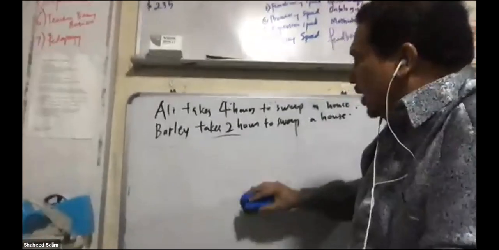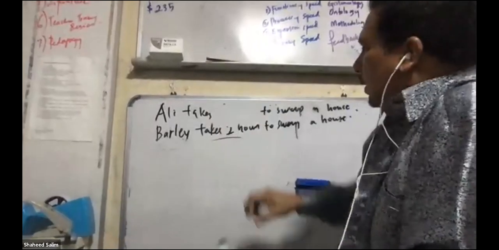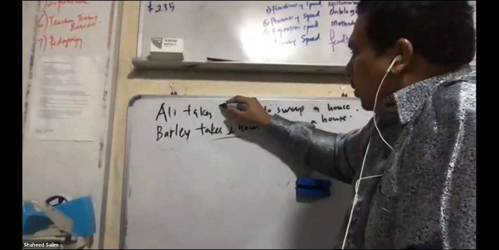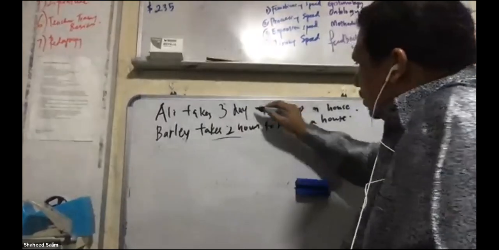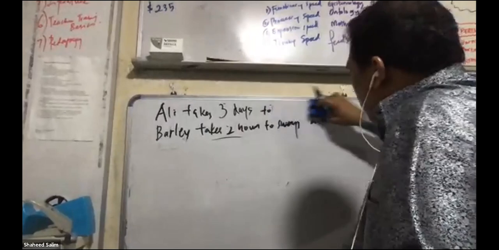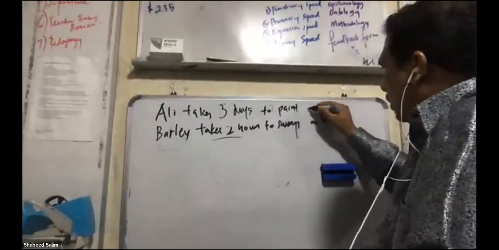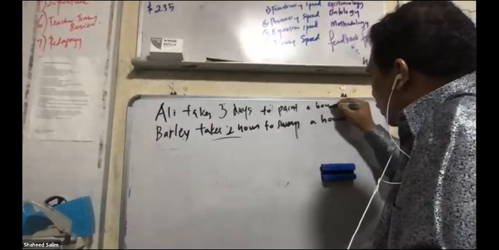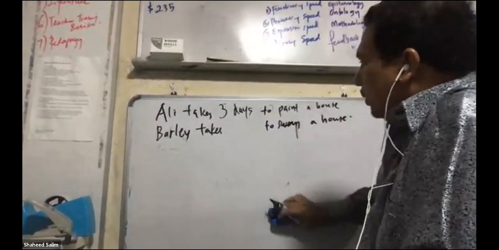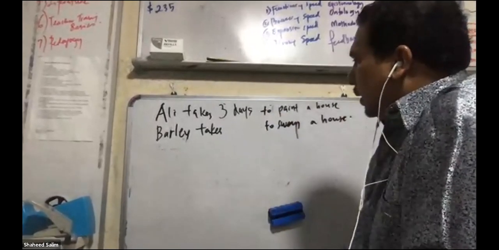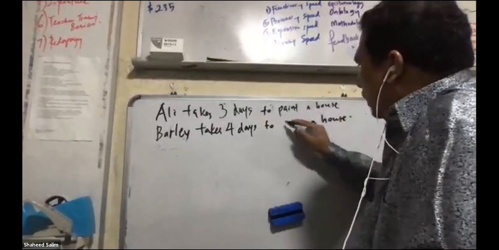Okay, so I'm going to change. Ali takes 3 days to paint a house. Okay, we are assuming the same thing. And then down here, Bali takes 4 days to paint the same house.